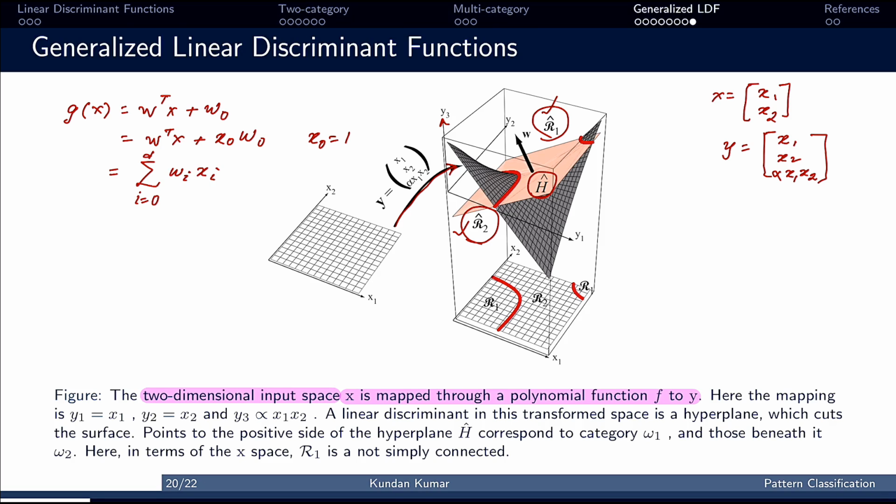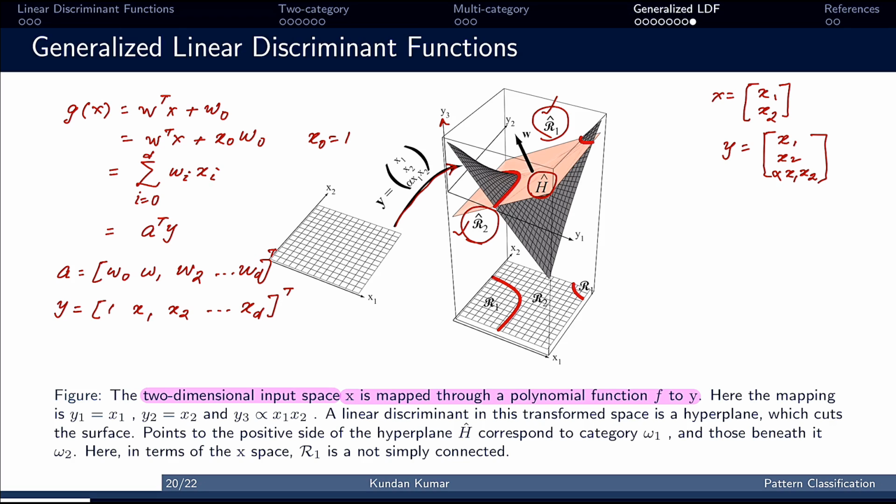or we can write a transpose y, where a equals w0, w1, w2, wd transpose, and y is 1, x1, x2 and xd.